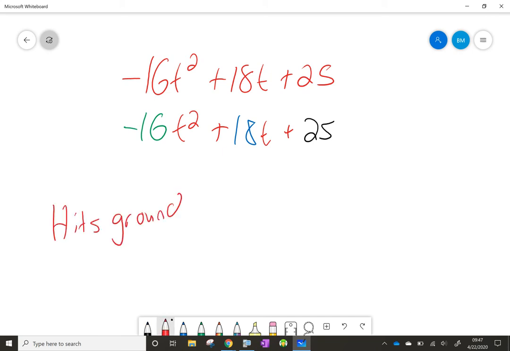Hits ground, you should probably make a note of this, okay? Hits ground is referring to x-intercepts, which means, again, either factor or use the quadratic formula.